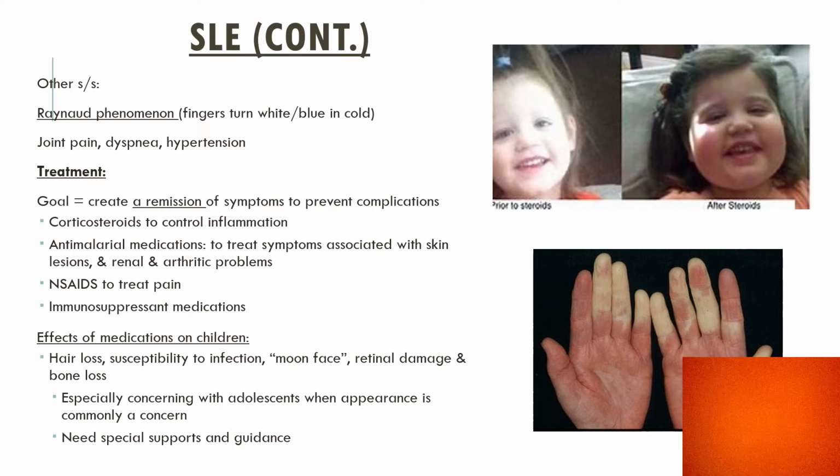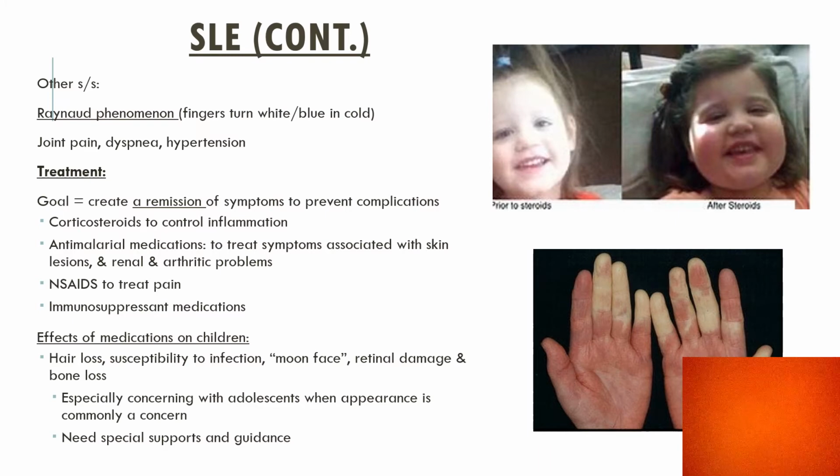Treatment is really to get patients into a remission and try to combat and control the inflammation. And so the primary form of treatment is steroid therapy, and it's generally long-term steroid therapy. And we know that the effects of long-term steroid therapy can be a real problem for patients as well. In particular, what we classically see are that patients will become much more immunosuppressed and much more likely to develop infection.